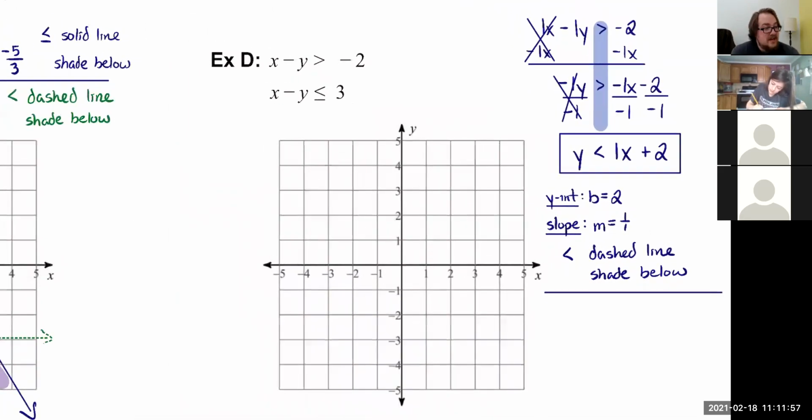So again, this was the top inequality we're given. So this one has me starting at positive 2 on the y-axis with a slope of 1 over 1. I'm going to go up 1, right 1. And these are always fun slopes because then we can get a ton of points by also going down 1, left 1.